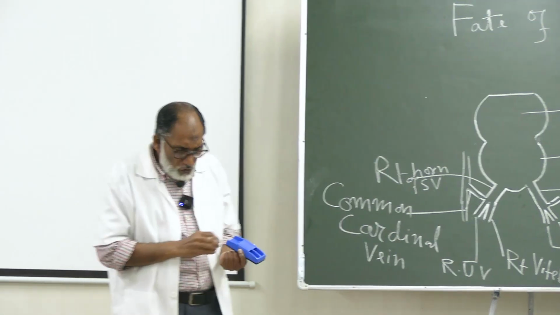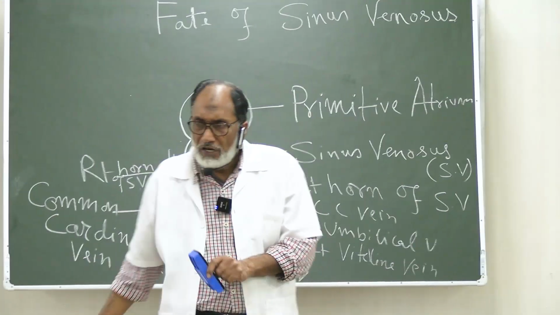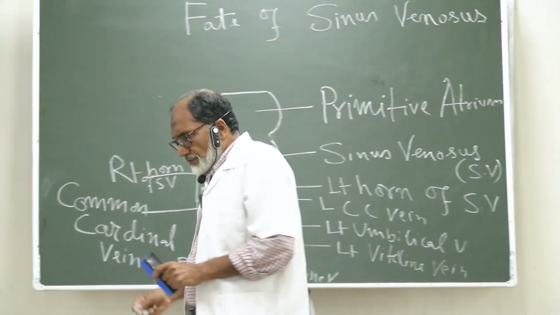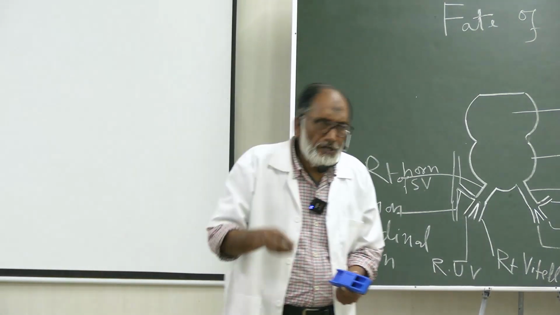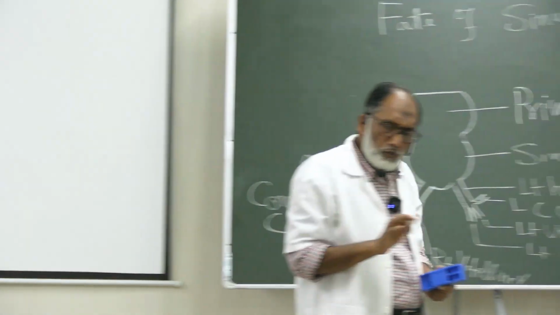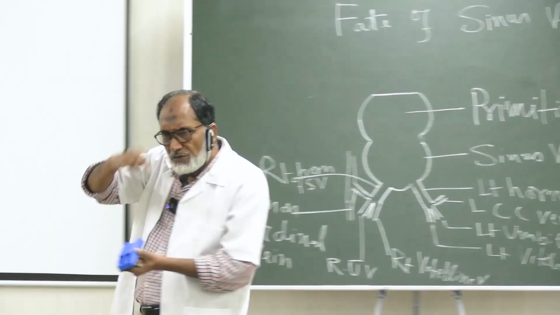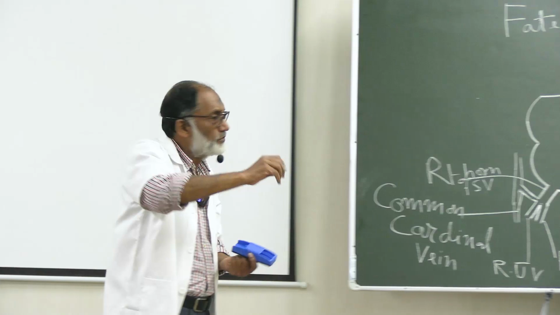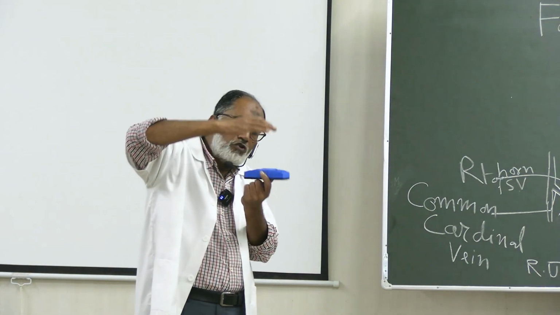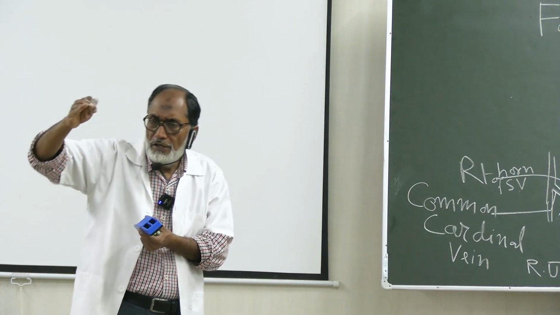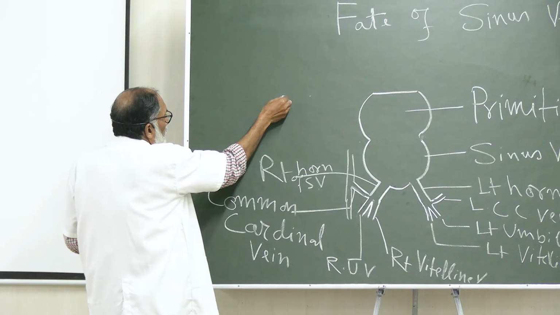Actually, you know, when the heart is bending, first it forms a C or U-shaped loop, then it forms an S-shaped loop, right? When it becomes an S-shaped loop, then what happens? The sinus venosus comes on the dorsolateral aspect of the primitive atrium.